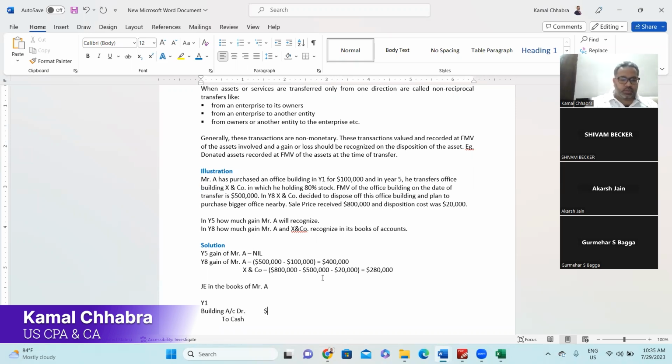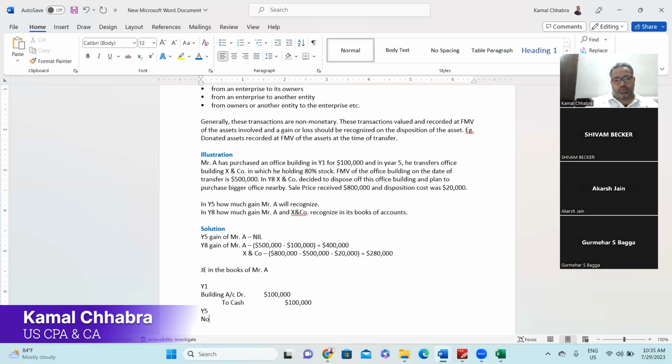Let's assume $100,000. In year 5, no entry, as this is a non-reciprocal transfer.